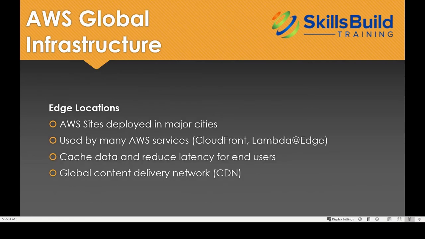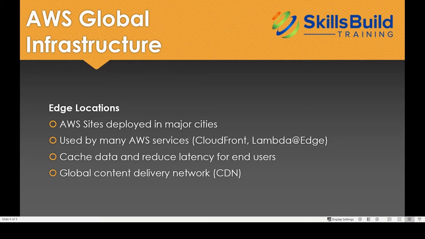Next thing we will mention is AWS Edge Locations. So Edge Locations are AWS sites deployed in major cities and highly populated areas across the globe. They far outnumber the number of availability zones available.